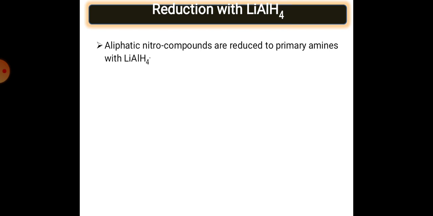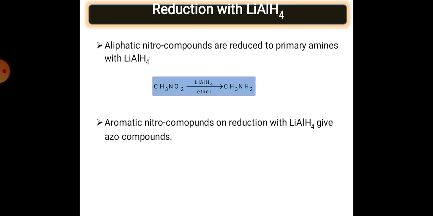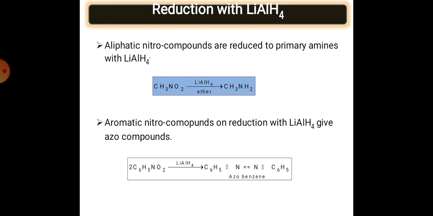Aliphatic nitro compounds are reduced to the primary amine in the presence of LiAlH4. Now aromatic nitro compounds on reduction get converted into aniline as well as azo compound, depending upon the equivalents of nitro compound used. If you use one equivalent, the product is aniline. If you use two equivalents, the product is azobenzene. What is azobenzene?